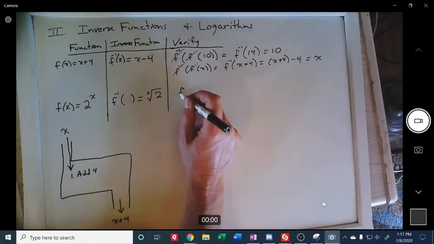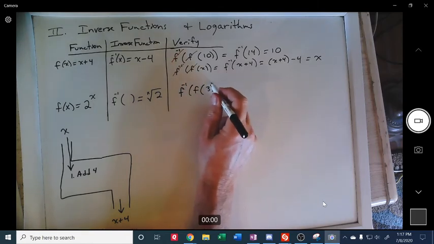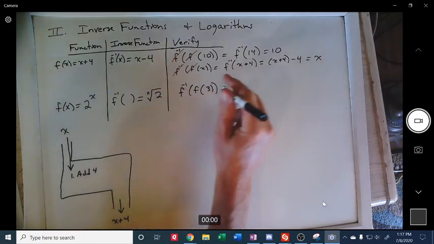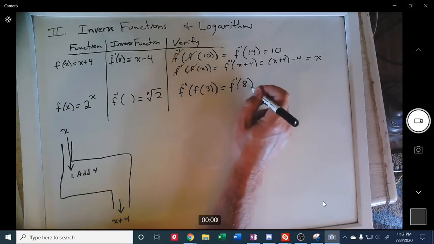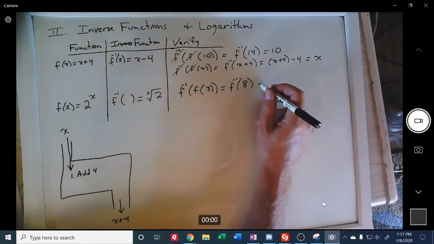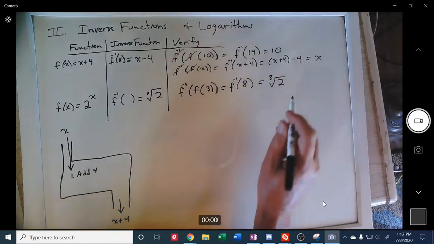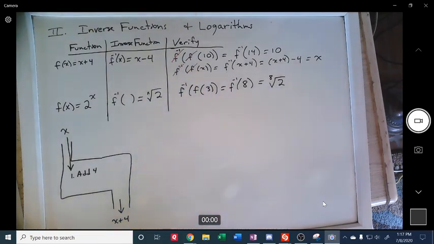Because when you take f inverse of f of, let's say, 3. F of 3 would be 2 to the third, so it's 8. But then this is the 8th root of 2, but these two things are supposed to cancel out, and you're supposed to get back to 3, and the 8th root of 2 is not 3, and it doesn't work.